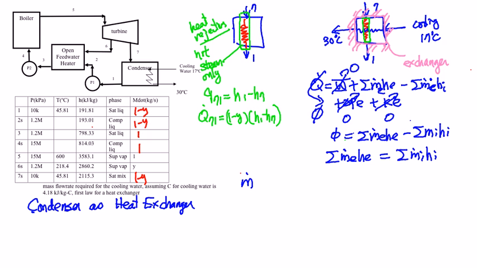The mass of the cooling water, which we're going to call m dot C, with enthalpy at 30 degrees C, and m dot 1, H1. And what's coming in? The cooling water at 17 degrees C plus m dot 7, H7.